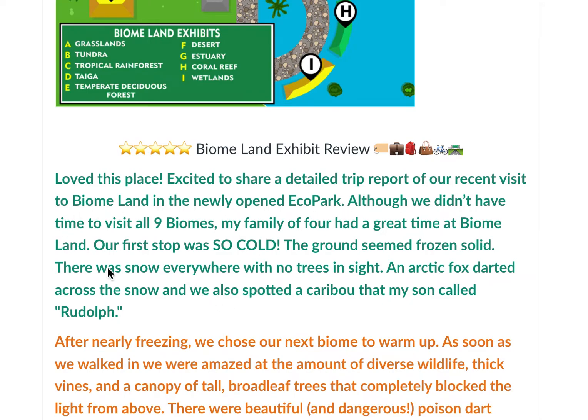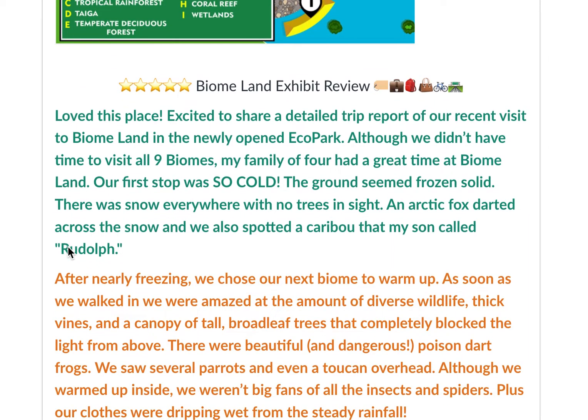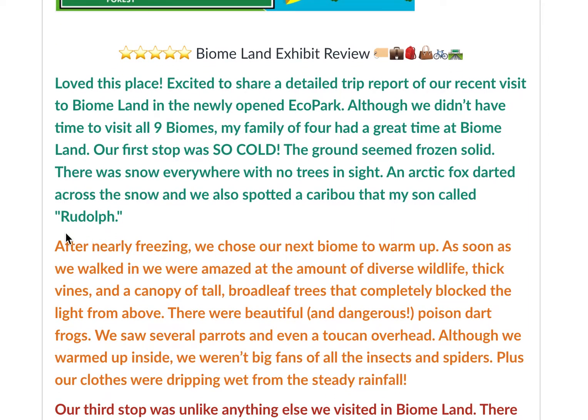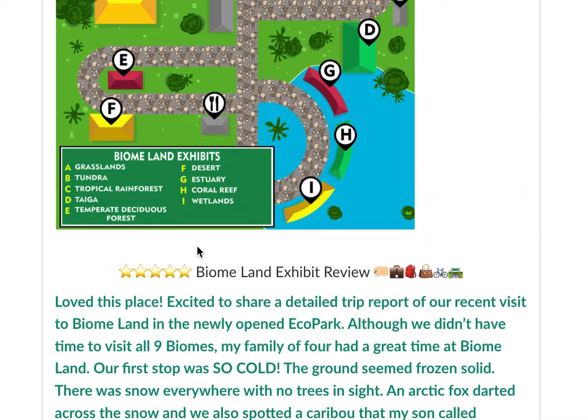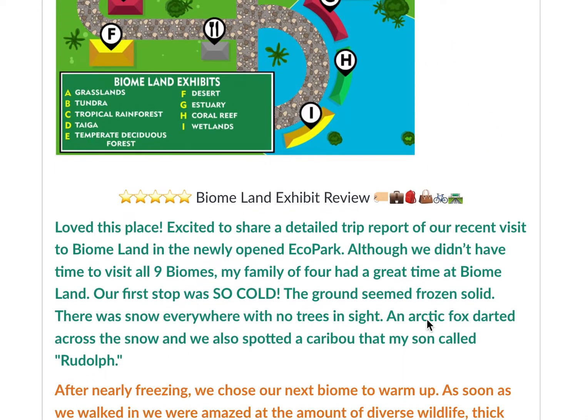Okay, so the first place that they visited is highlighted in this first paragraph, and each paragraph is about a different biome. You're going to see which biome would have ground that's frozen solid, caribou, Arctic fox, no trees. That is going to be one of these that is listed, and it's not going to be coral reefs, I'll tell you that.